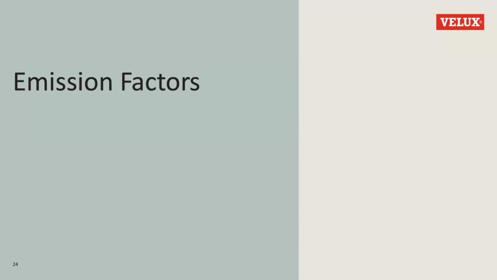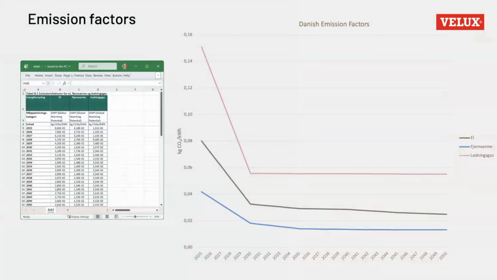So we have to multiply the energy consumption by some kind of emission factor. And that's a little bit more complex than you might think. So if Alberta is ready, we're going to jump right into it.